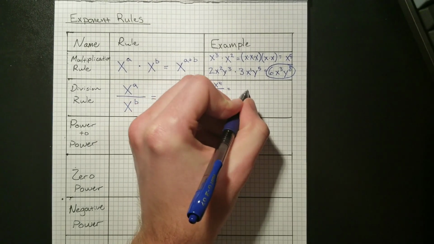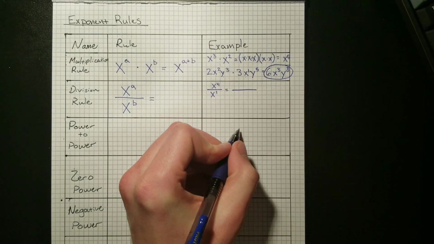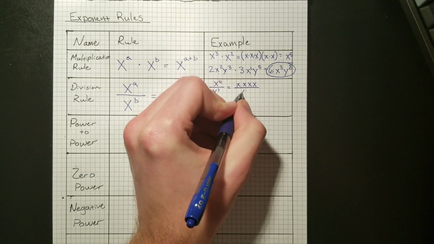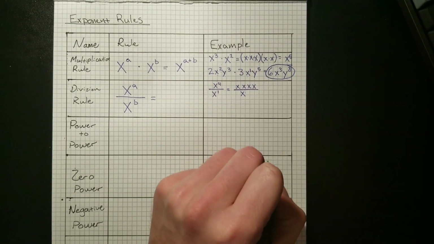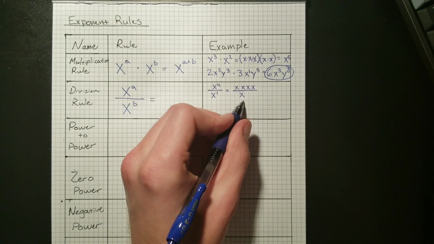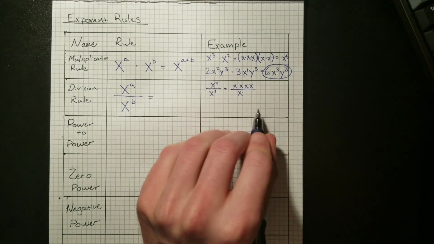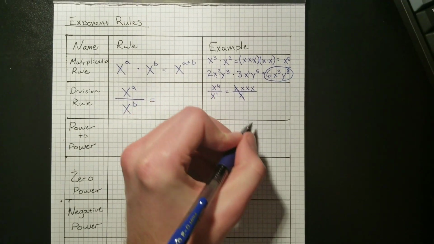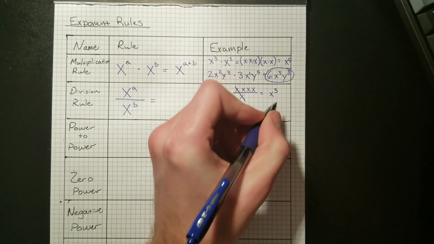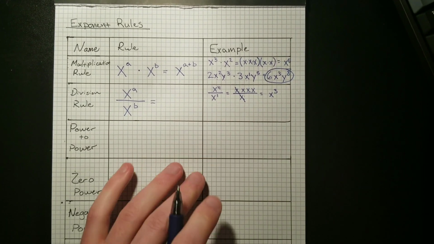We'll expand that again: 4 x's on top, and we just have 1 x on the bottom, since x to the 1 is just x. If we were doing division, we can cancel out 1. So x divided by x would just cancel out, and in the end we'd get x to the third, because that's 3 x's.